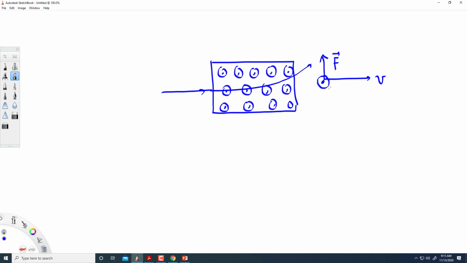So point your fingers towards the speed, and then curl your fingers towards the magnetic field. I cannot curl like this, so I need to do it differently. So, fingers pointing that way.